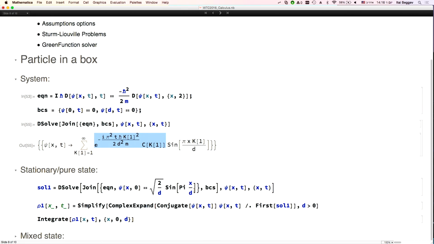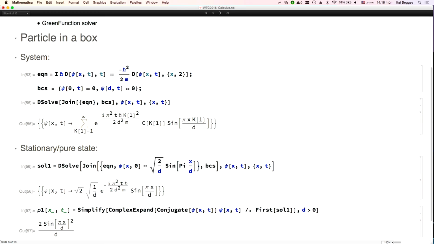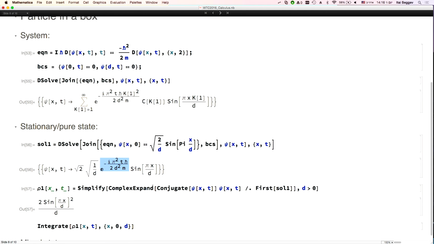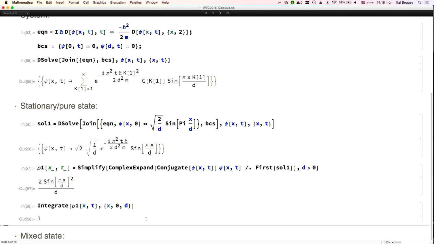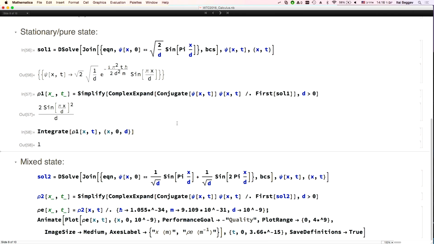And if we give one of those eigenstates as an initial condition, then we get a stationary state, just this pure phase times the one sinusoid. And it has unit integral because it's a properly normalized state.